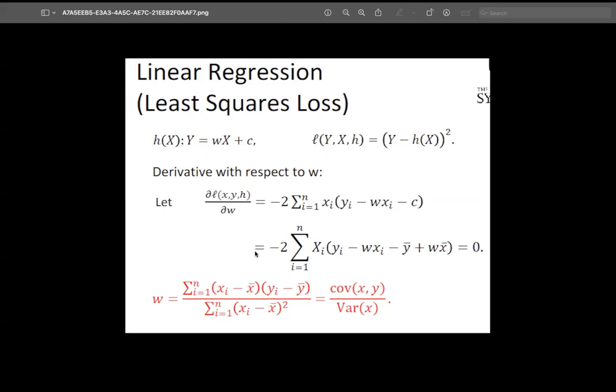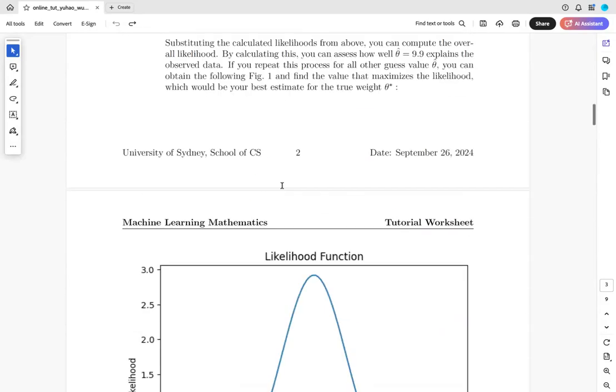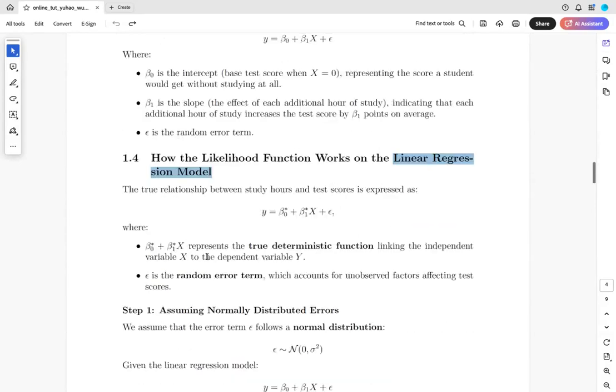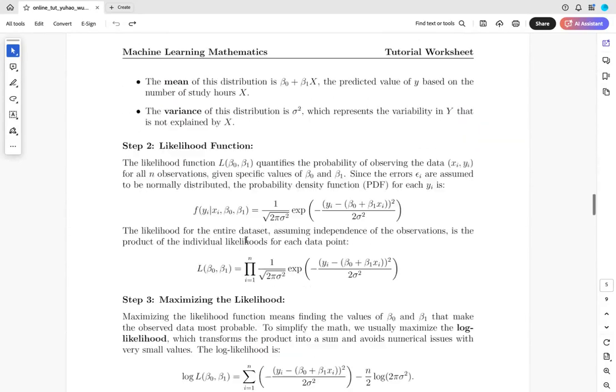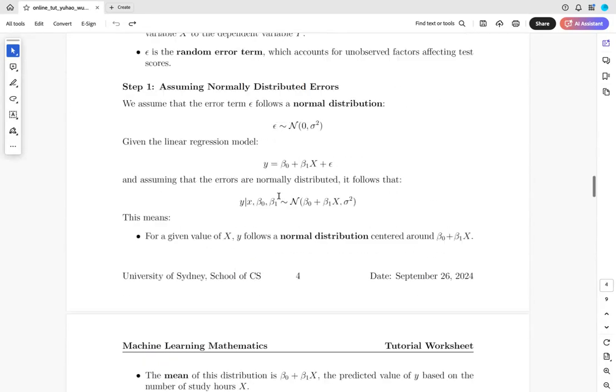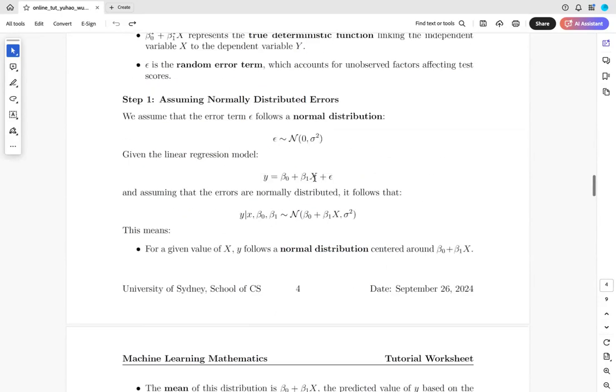We can say in our linear regression model, we also make the assumption that the error is from the normal distribution, correct?